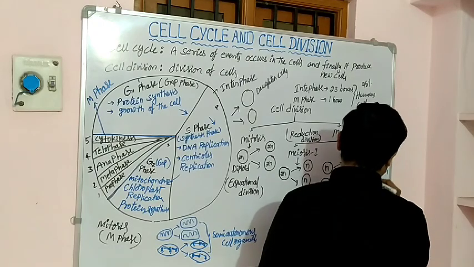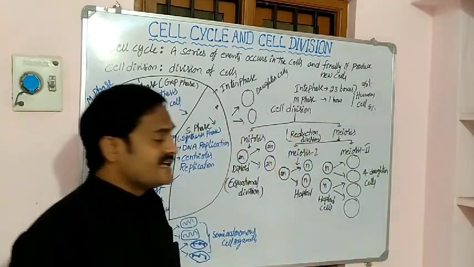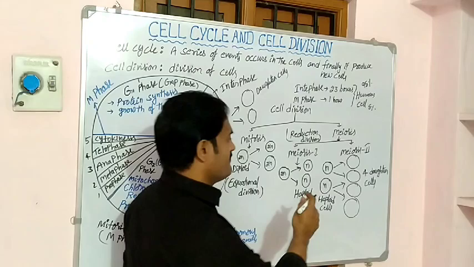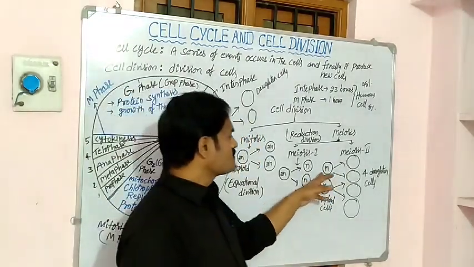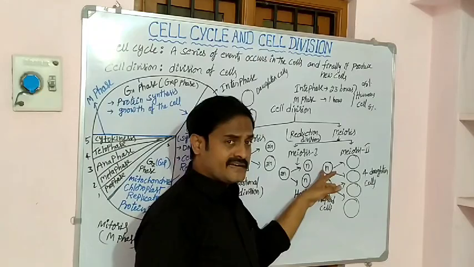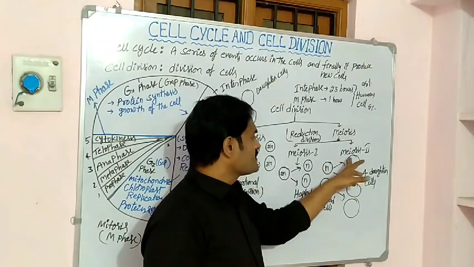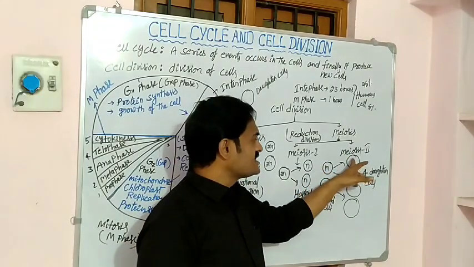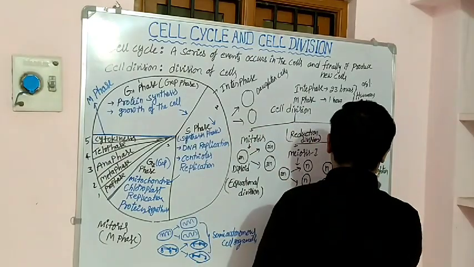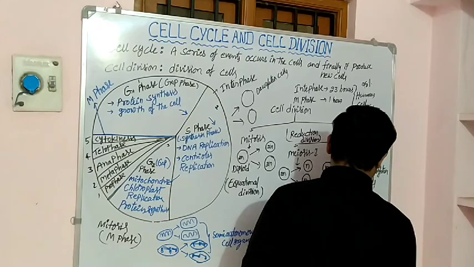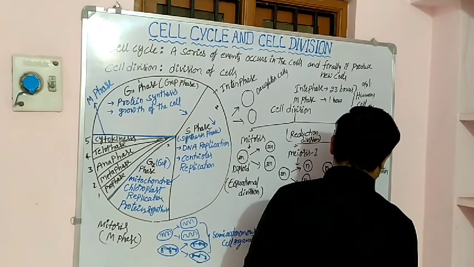Each daughter cell has the same number of chromosomes as the haploid parent cell. See here n, n, n, n. So all are haploid.